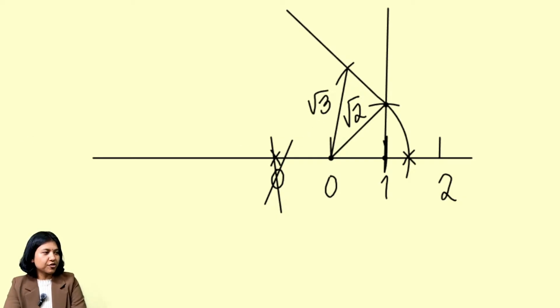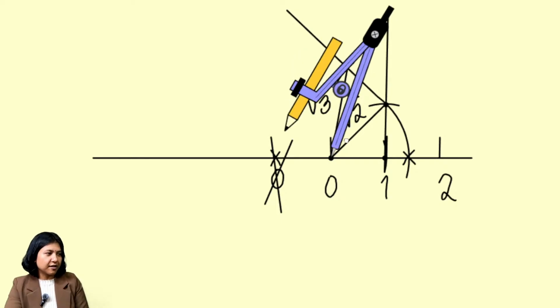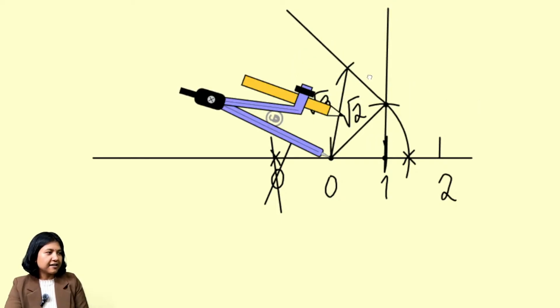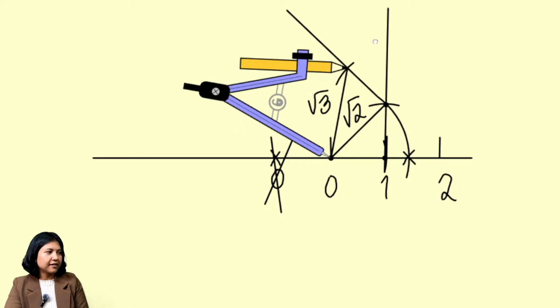Why? Because I showed you by Pythagoras theorem. If I take one of the sides as root 2 and the other as 1, then my hypotenuse will be square root 3. So this length now becomes the radius of your compass. Change the radius and keep it exactly square root 3 like this.